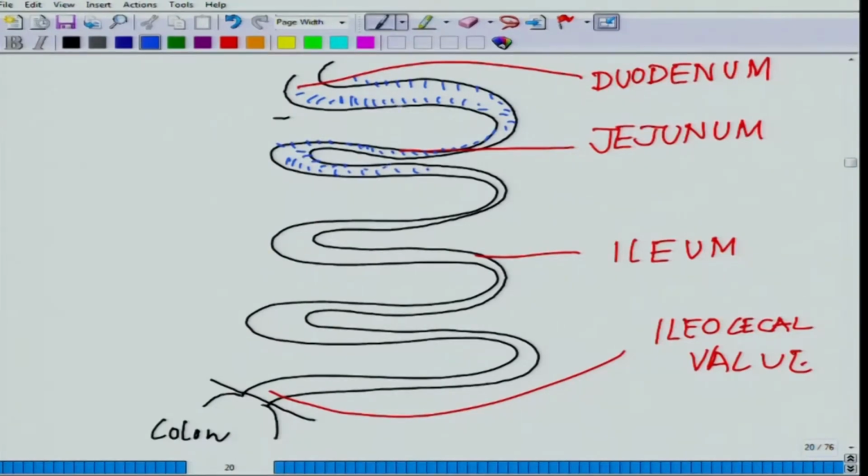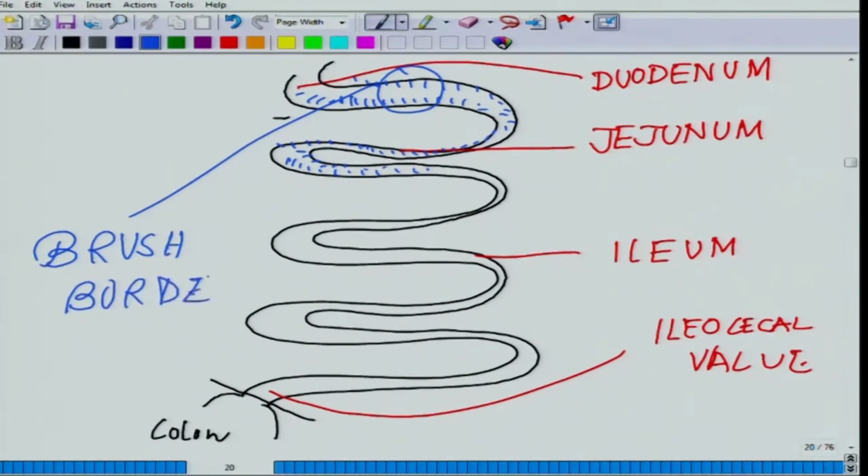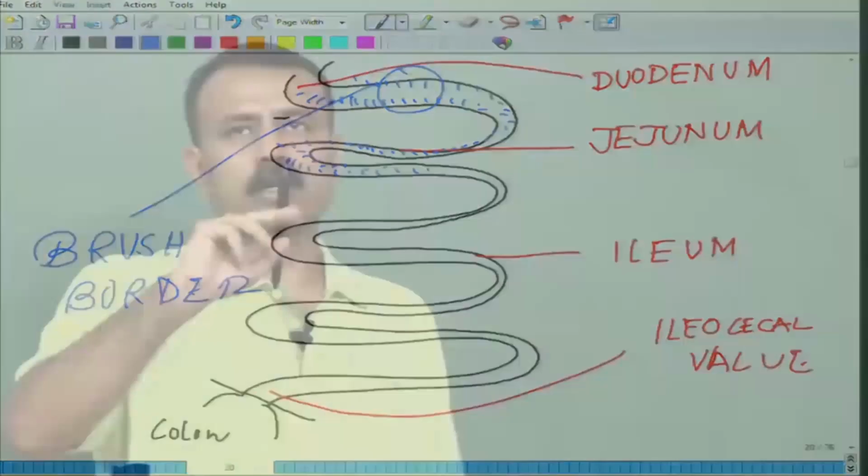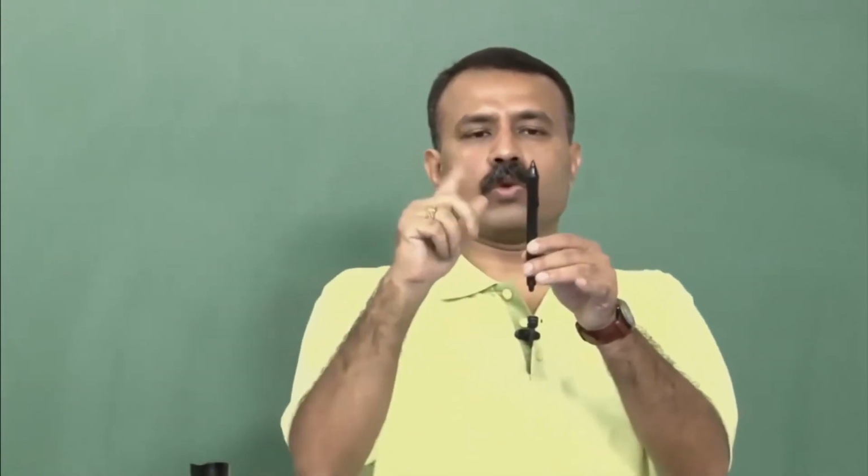This border is what is termed the brush border, and those projecting structures are called villi.